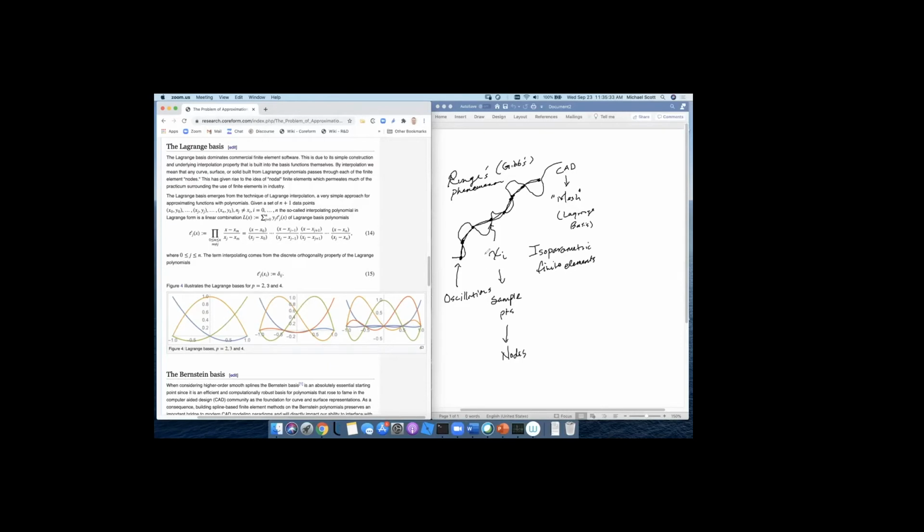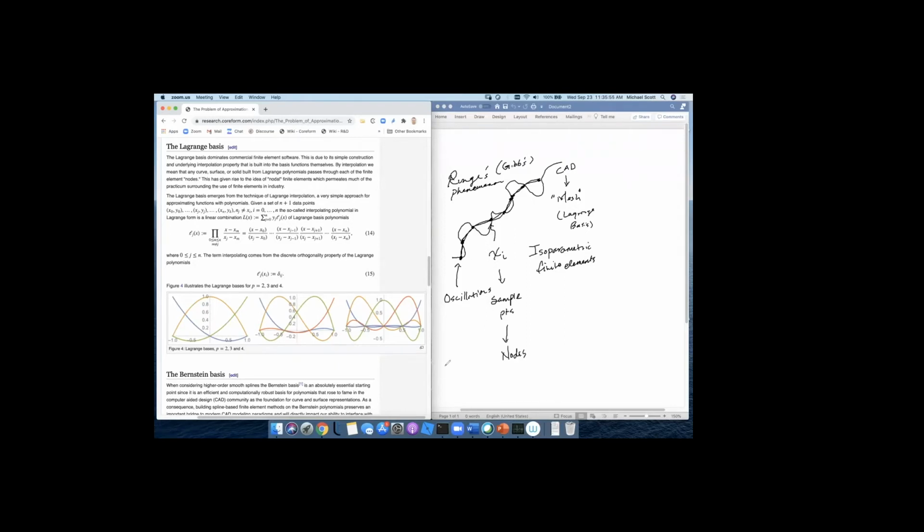Dr. Scott, at what point are they oscillating? Because you're starting off with your initial functions or your initial geometry, and then you go back just on nodes and try to interpolate again?